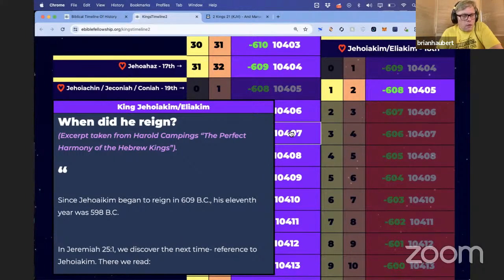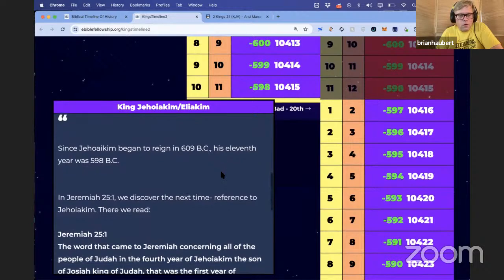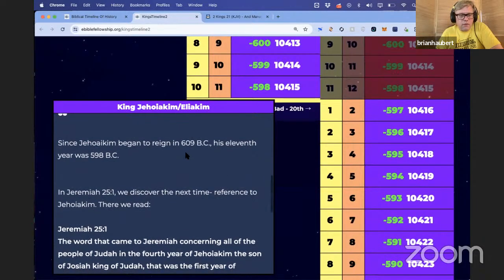But anyway, another excerpt taken from Perfect Harmony. Since Jehoiakim began to reign in 609 BC, his 11th year was 598 BC. And in Jeremiah 25:1, we discover the next time reference to Jehoiakim.